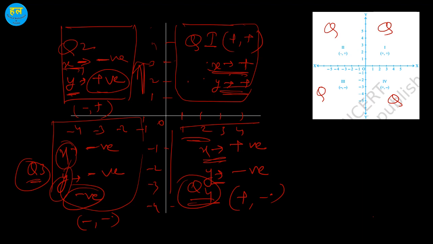Okay, now let us do exercise number 3.2. Write the answer of the following questions. What is the name of horizontal and vertical lines drawn to determine positions of any point in the Cartesian plane?